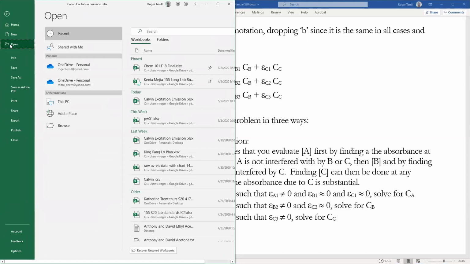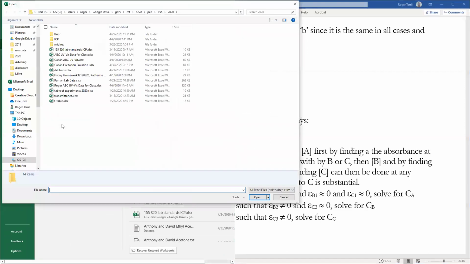M101 final. Let's see what this one looks like.